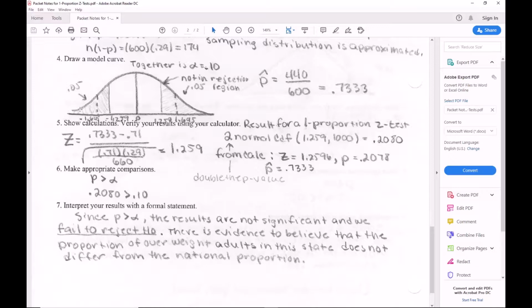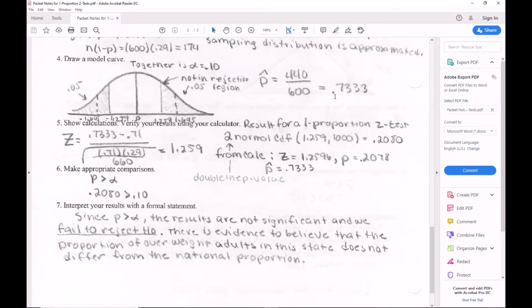Those are your rejection regions. You can't just put 0.10 here and 0.10 here, because then alpha becomes together 0.20, and that is going to increase your probability of getting an error in your result. So you don't want that.